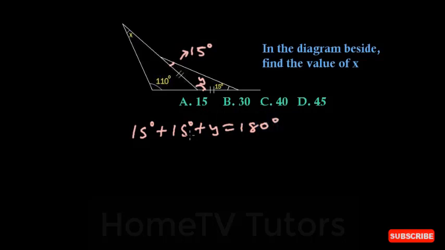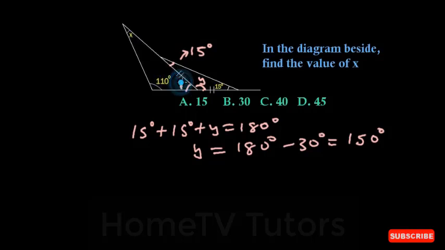Okay, with that we can find the value of y, and y will be equal to 180 degrees minus 15 plus 15, which is 30 degrees, and that gives us 150 degrees. So having that, we can use that to find this angle. Let's assume this angle is P. The sum of angles on a straight line is 180.